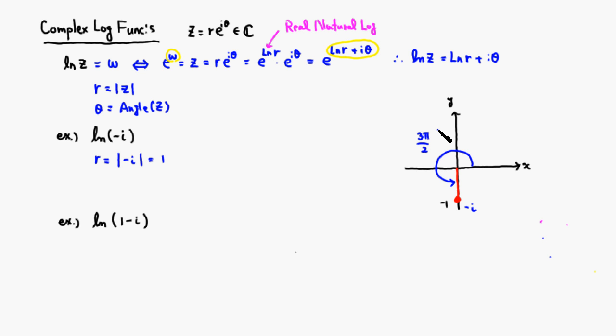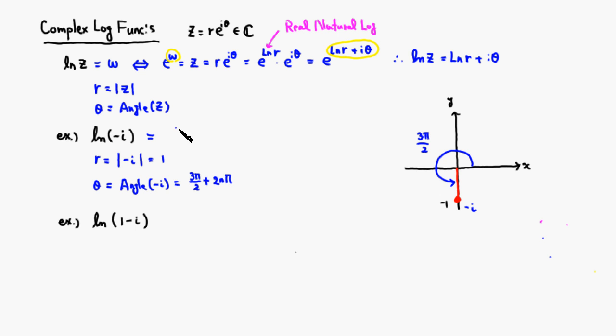But that's not the only angle. You can add any multiple of 2 pi to get exactly the same effect, so theta is going to have multiple values. Theta is equal to the angle of negative i, which is 3 pi over 2 plus any multiple of 2 pi. So the value of the natural log of negative i is actually multi-valued.